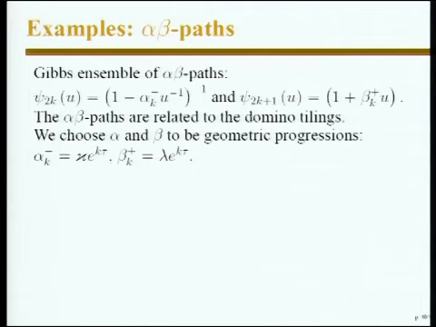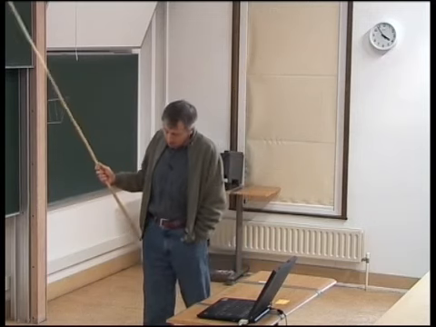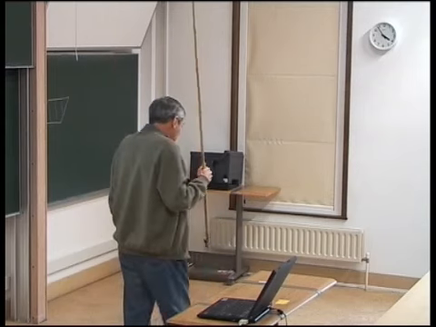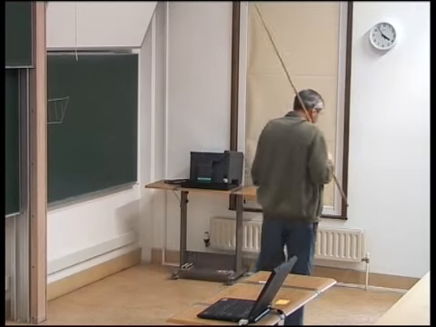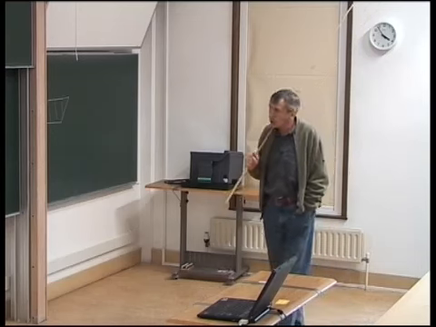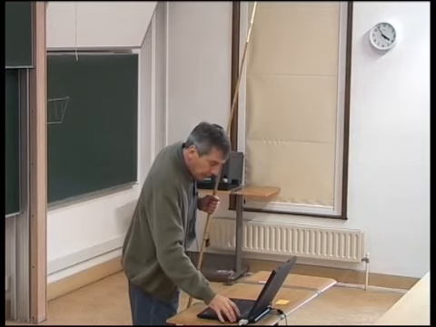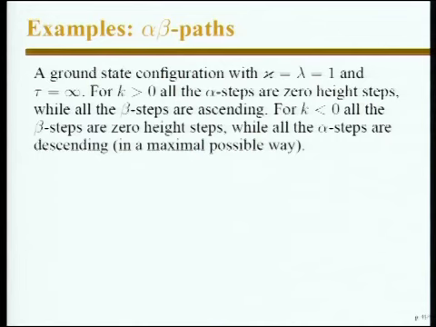And in the same way as the beta paths are related to lozenge tilings, and this is easy to see how that relation goes, those paths that I'm talking about here are related to domino tilings. But to explain how you get from a collection of those alpha beta paths a domino tiling is a long story, and it is described in one paper of Kurt Johansson, but I will not give you the details, except I will show you later on some nice picture of that.